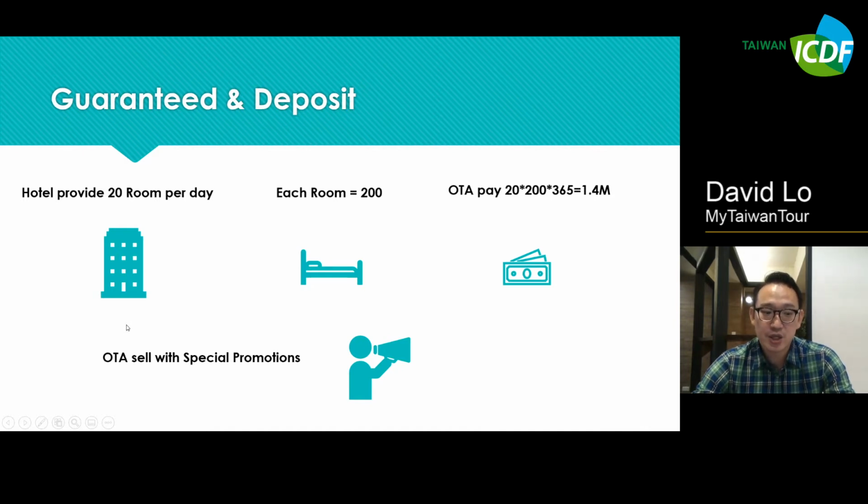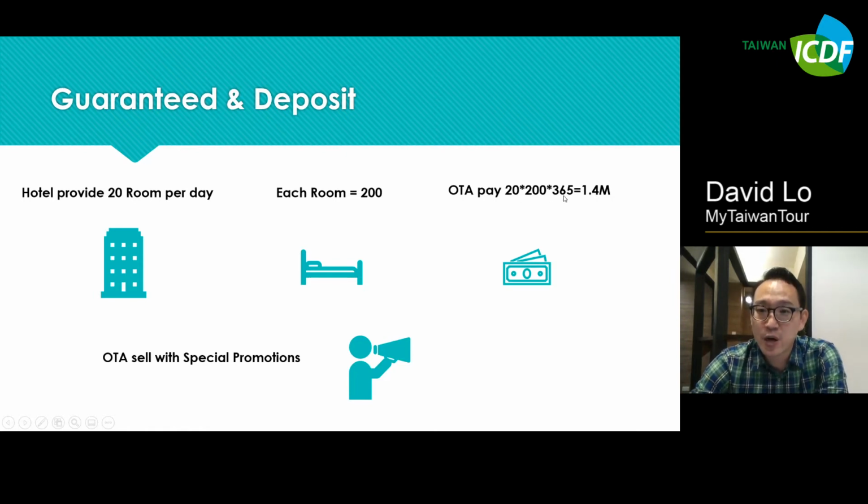That means each day I will reserve 20 rooms for a certain OTA or platform that I want to work with. Each room I sell to them at 200 as a fixed cost, where I don't upgrade the rate or reduce the rate normally. So 20 times 200 is the money I want to receive each day.